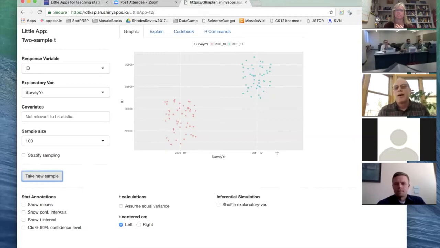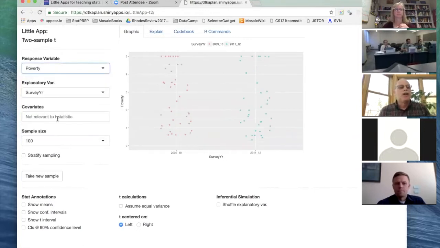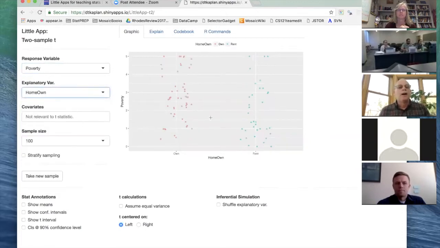That's a very common setting for any of the StatPREP apps. And they're interactive. You can change both the response and the explanatory variables. So here, for example, I'm plotting the household income, measured as multiples of the poverty level, and whether or not someone owns or rents a home.